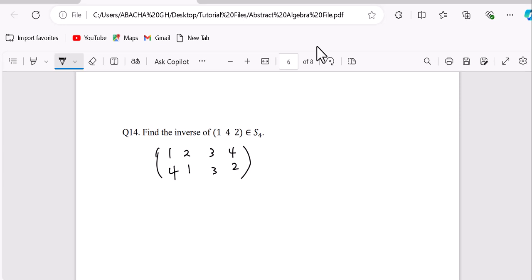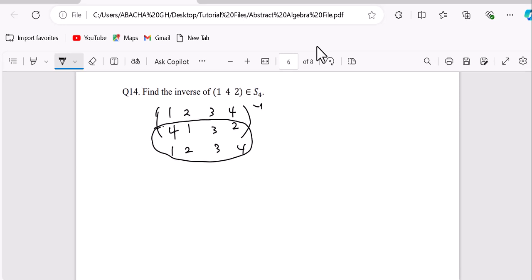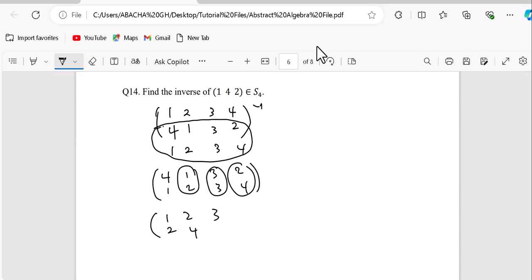And now we're asked to find the inverse of this. Well, that is simple. I'm going to repeat 1 2 3 4, cut off this part and rearrange. That will be 4 1, 1 2, 3 3, 2 4. Rearranging, I have 1 2, 2 4, 3 3, and 4 1.